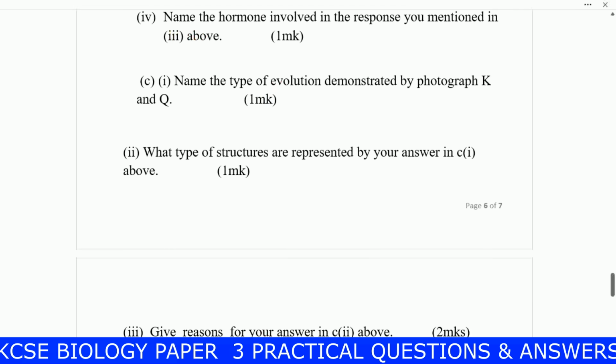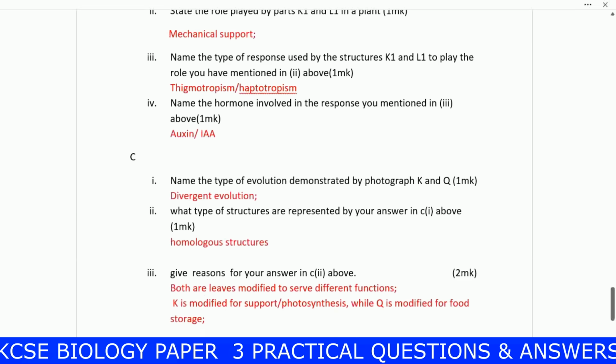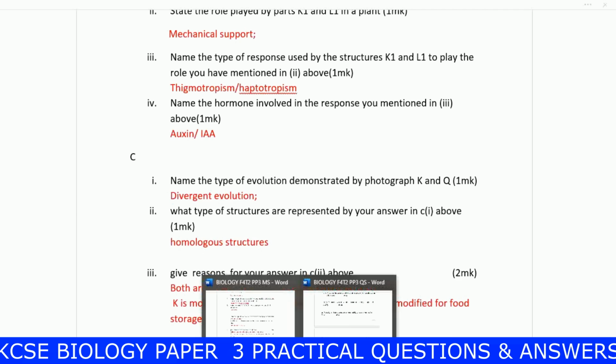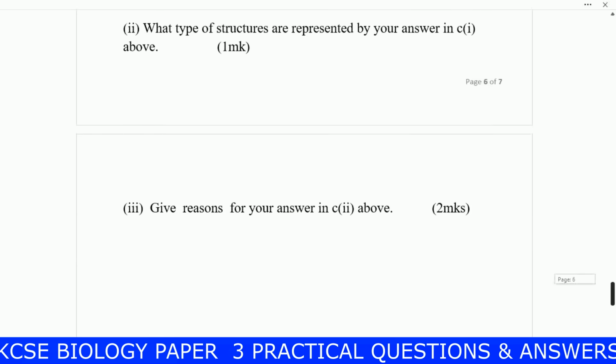We go to the next one. What type of structures are represented by your answer in C Roman 1 above? That one is homologous structures.